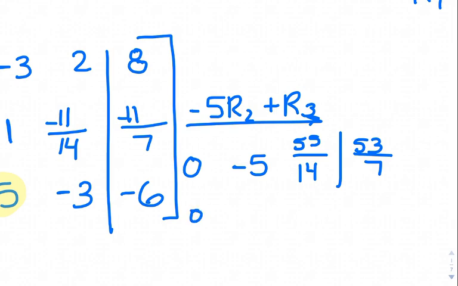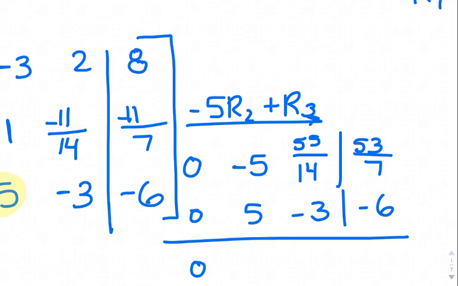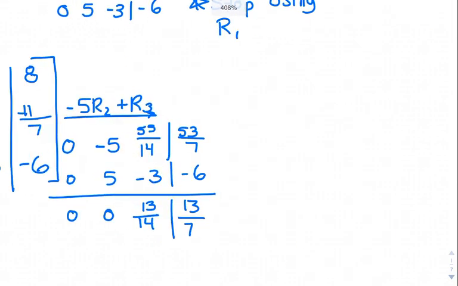And then I'm going to add that to row 3. So again, use your calculator here. 0 plus 0 is 0. Negative 5 plus 5 is 0. 55 over 14 plus negative 3 is 13 over 14. And then 55 over 7 plus negative 6 is 13 over 7. So that's going to be my new row 3.